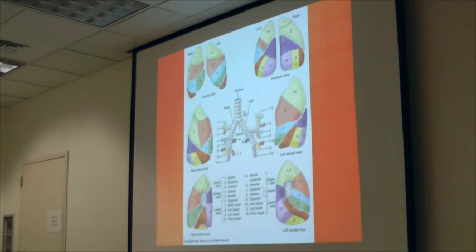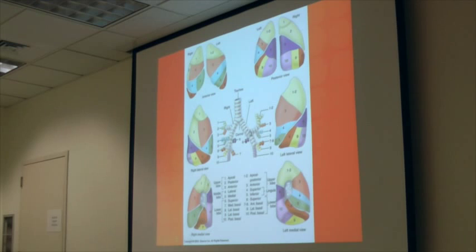This picture will work. Looking at this picture, on the right side, again, when you're looking at a picture, it's opposite your body, so the left is the right and the right is the left. So looking on the right, you see right upper lobe, right middle lobe, and then all this consists of the right lower lobe.